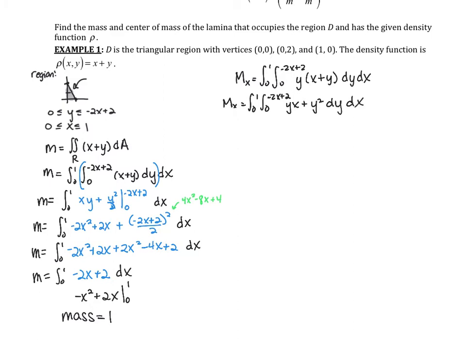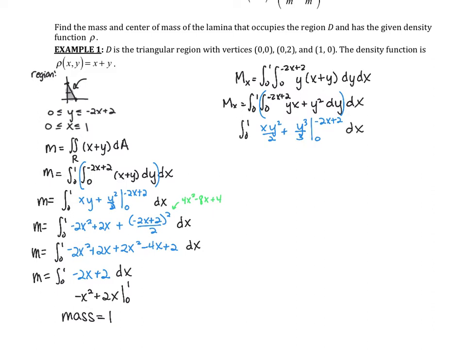And I'm going to integrate with respect to y first. It is a slightly different function than what we did before, so I can't just use that. So I'm going to go up a degree. So we get xy squared over 2 plus y cubed over 3, evaluated from 0 to negative 2x plus 2, remember with respect to y.